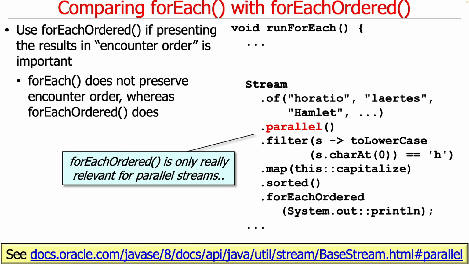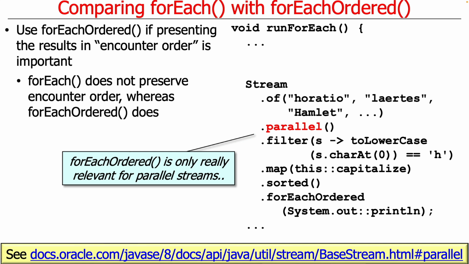forEach does not preserve encounter order under some circumstances, whereas forEachOrdered does. Now, where does this matter? It only matters, really, for parallel streams. For non-parallel streams, the forEach method will almost certainly give you the results in encounter order.